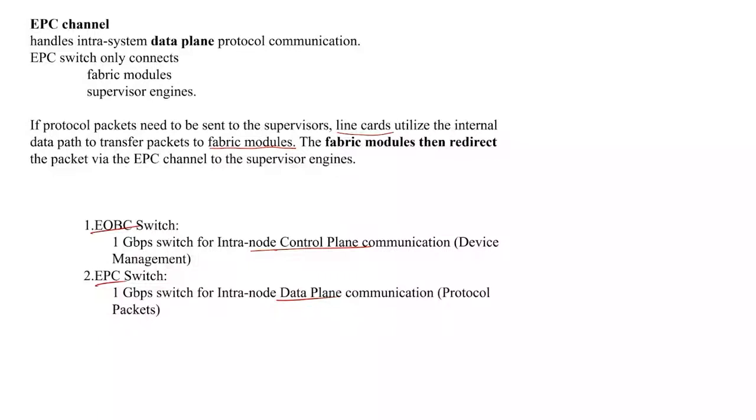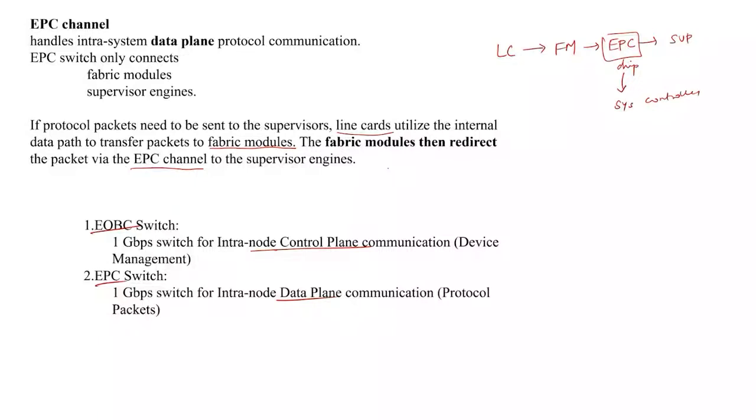So it's this way. Now you have the line card. The line card puts it on the fabric module. The fabric module uses the EPC to send it to the supervisor. What is the EPC? It is a chip sitting on the system controller. Number two, the EOBC chip.